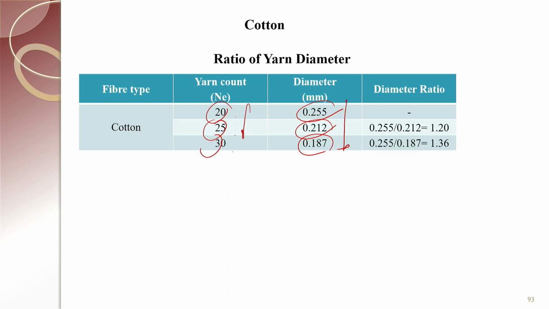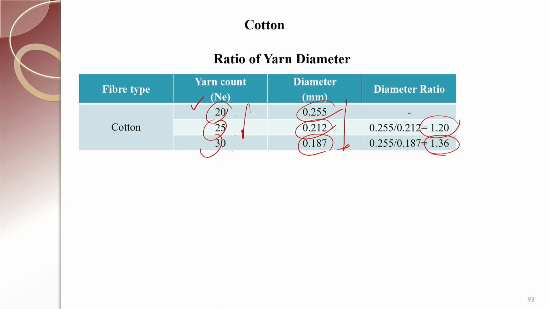Their diameter ratio as compared to the 20s count is 1.20 for the 25s count and 1.36 for the 30s count.